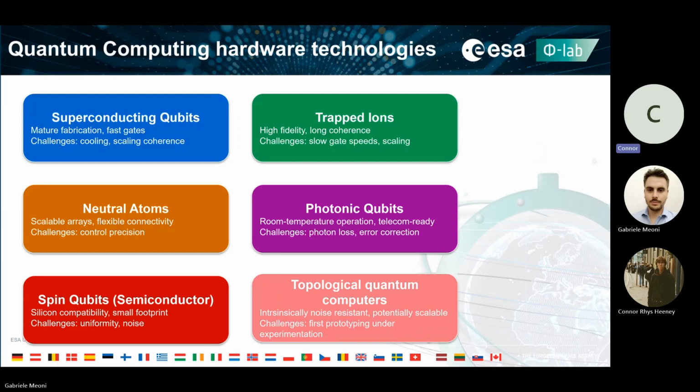Then you have others, like spin qubits, that can do the same. Others have better scalability in terms of how many qubits you can implement without affecting the noise resistance of the circuit itself. So it's not really clear what the best technology is. It's not clear if we're going to have a single technology that will overtake all the other ones, or if there's going to be a set of technologies for specific applications.